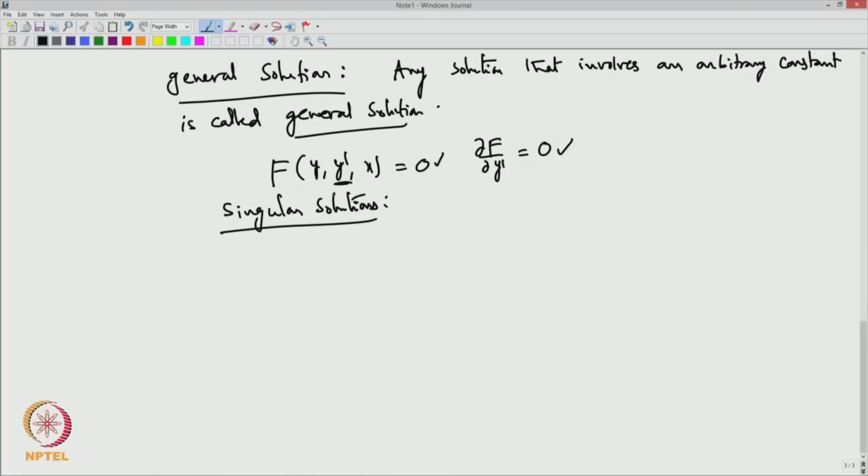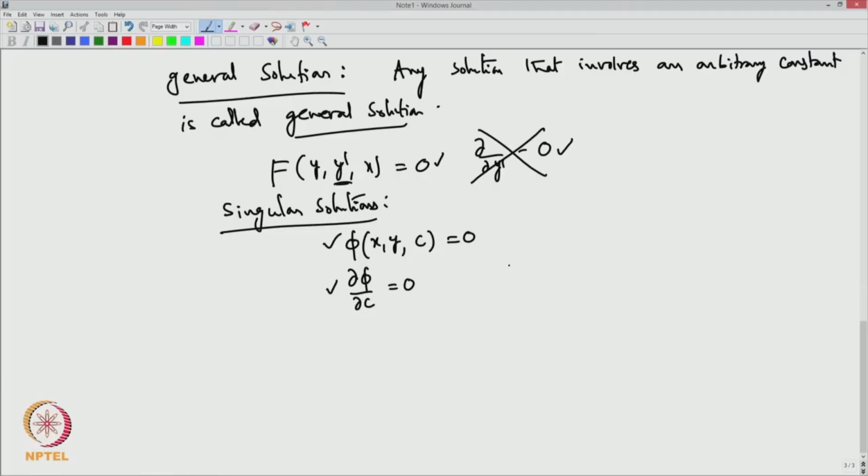But the best way is you solve the first one and you have a general solution, let us say φ(x, y, c) = 0. Suppose this is the general solution of the given equation. Then you differentiate it, ∂φ/∂c = 0. So, look at these two equations; eliminating c will give you the singular solution. Okay.